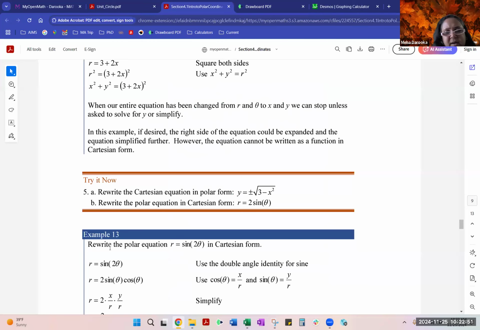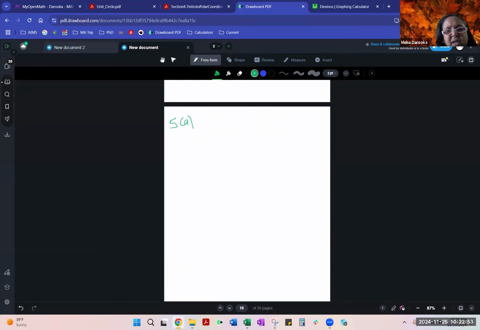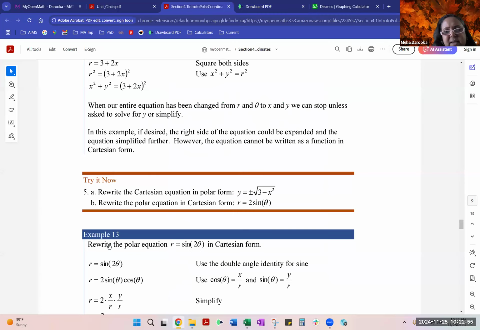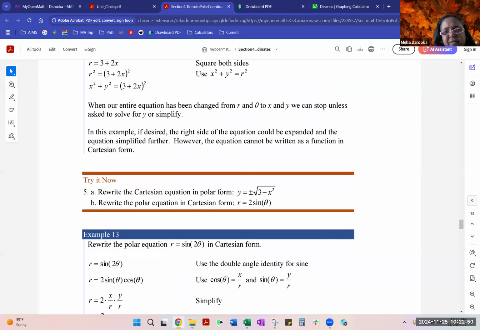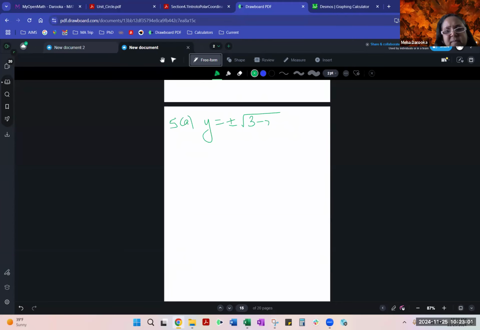Okay, so the first part is asking us to rewrite it in the polar form. So we are given y equals plus or minus square root of 3 minus x squared.